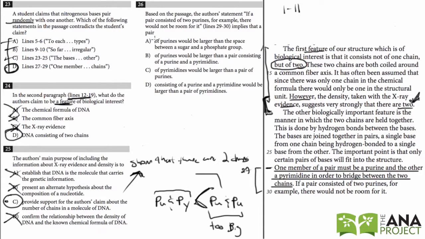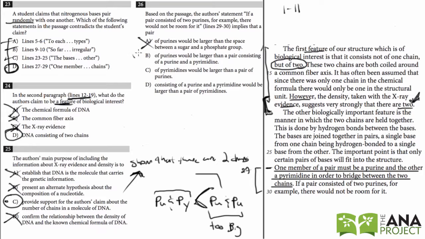Now let's go to the answer choices and eliminate the ones that don't make sense. A, implies that a pair of purines would be larger than the space between a sugar and a phosphate group. Well, we said a pair of purines would be larger than a purine and pyrimidine, so I don't think this is quite right. B, a pair of purines would be larger than a pair consisting of a purine and pyrimidine.